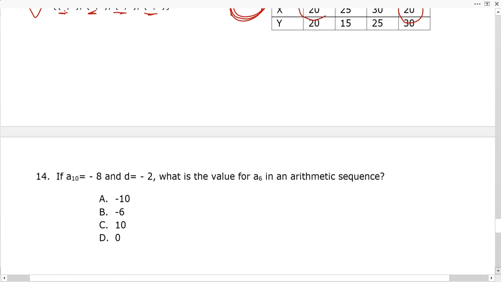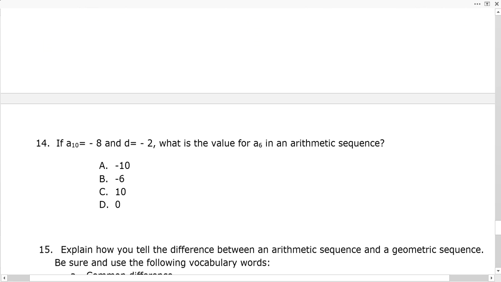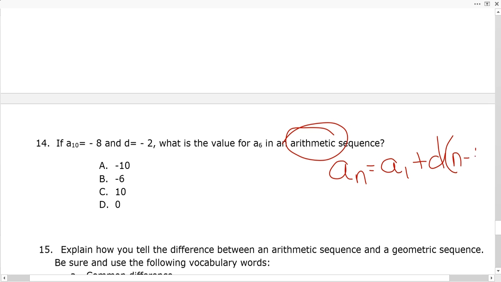Okay, number 14. I'm looking for an arithmetic sequence, which means a(n) equals a1 plus d times n minus 1. Okay, so you have to do a couple things. We're going to put in a sub 10 and d, and we're going to work backwards to find a1.